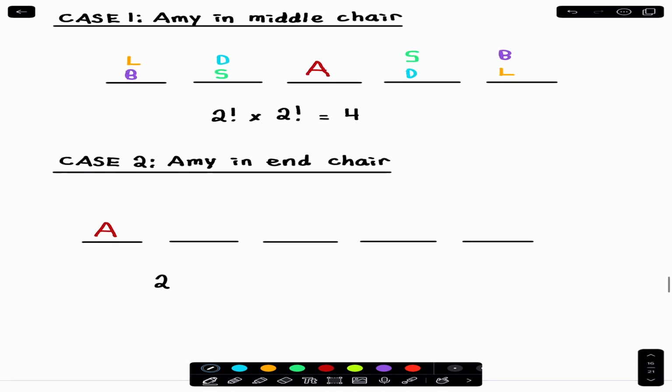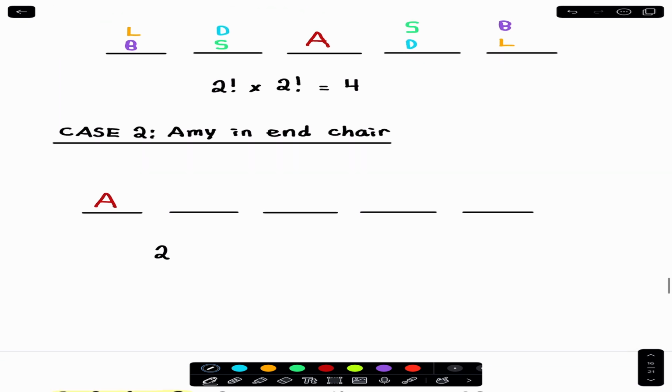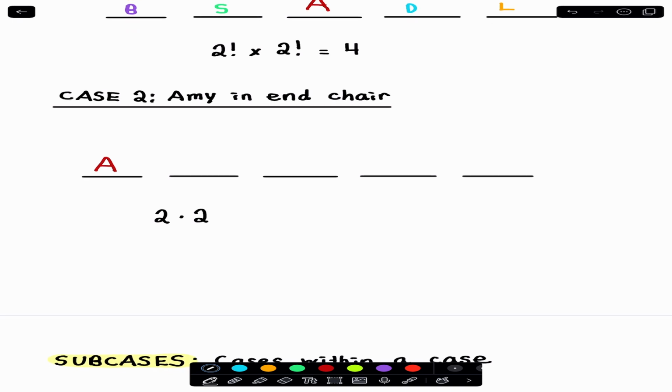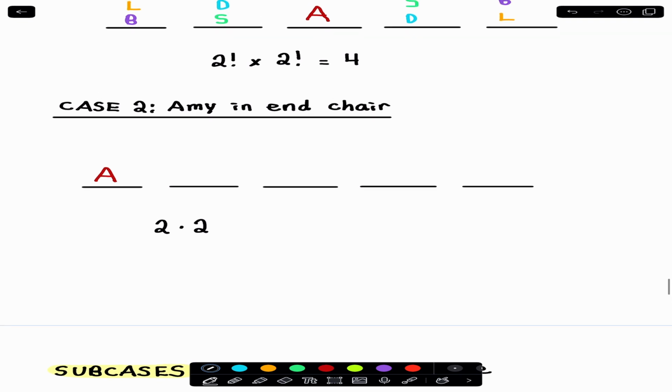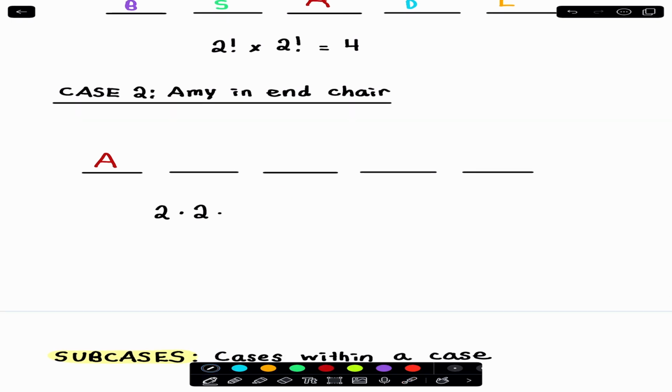Now next to her, again, cannot be Beardo or Leonard. So it can either be Dave or Sky. So there's 2 choices of the person who sits next to her. Whether it's Dave or Sky doesn't really matter. The thing is, Dave and Sky cannot be sitting next to each other, which means in this 3rd seat, it must be either Beardo or Leonard. So there's 2 choices for that.